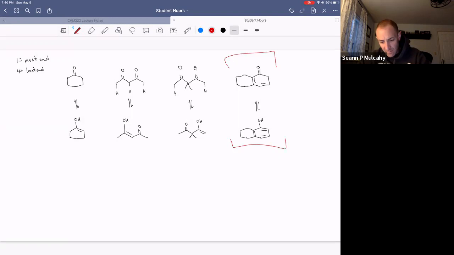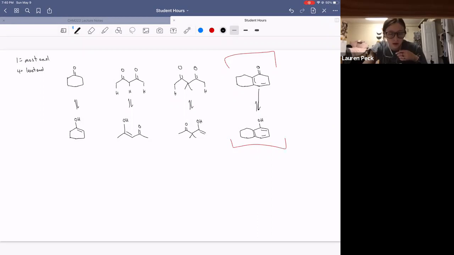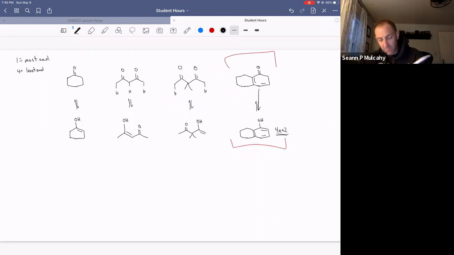Why is it really heavily favored towards the bottom? Right, normally enols aren't favored, right? But why would this one be favored? Go ahead, Lauren. It's like a 4n plus 2. Right, you've got an aromatic ring here, 4n plus 2.